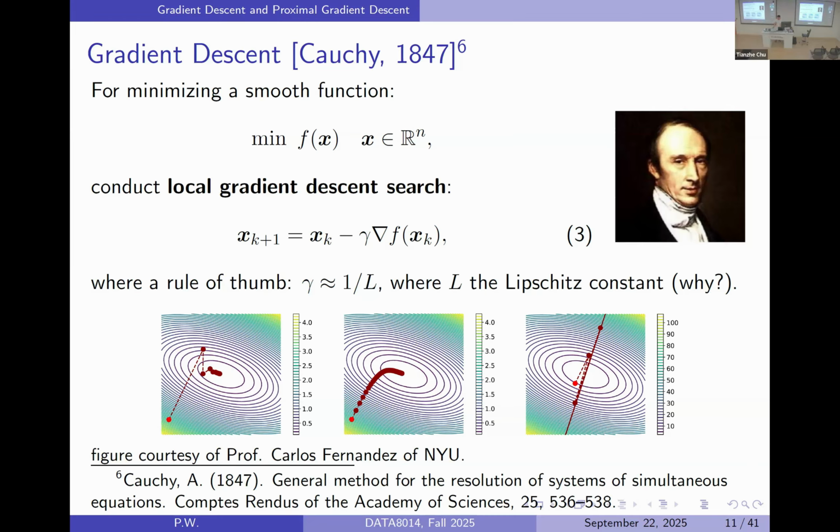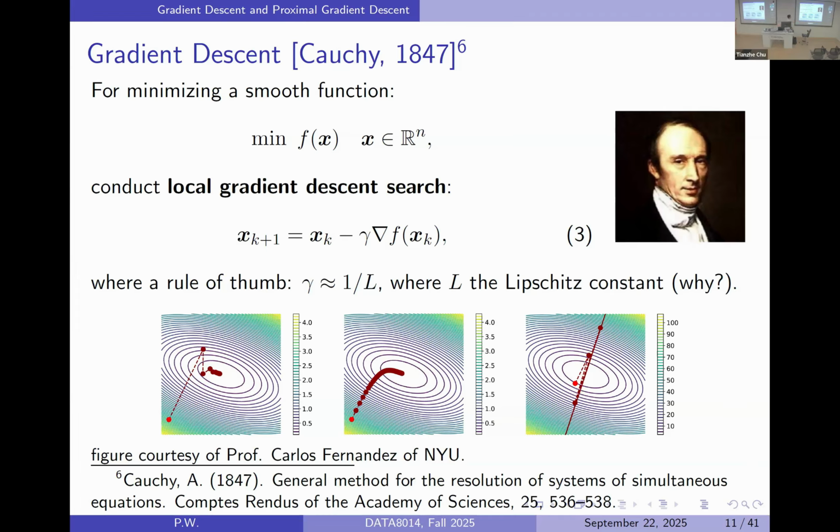In a short note in 1847, "General method for the resolution of systems of simultaneous equations," he for the first time invented gradient descent and used it to solve a system of equations. What he found boils down to moving in the direction of the negative gradient.